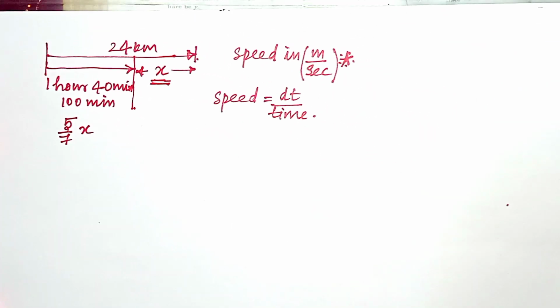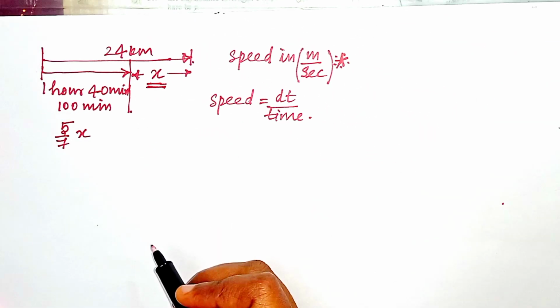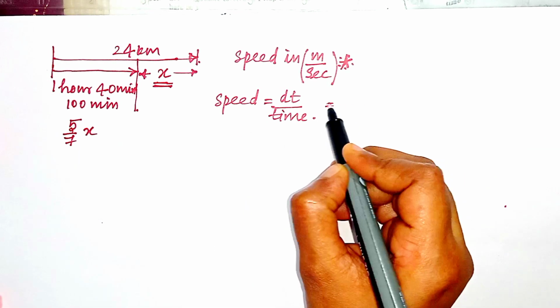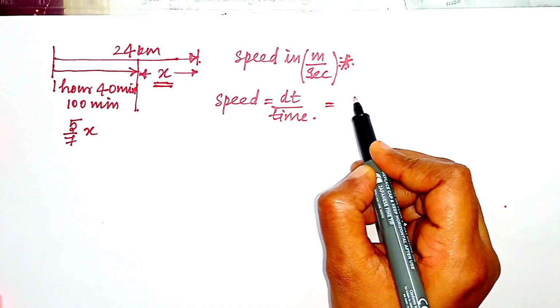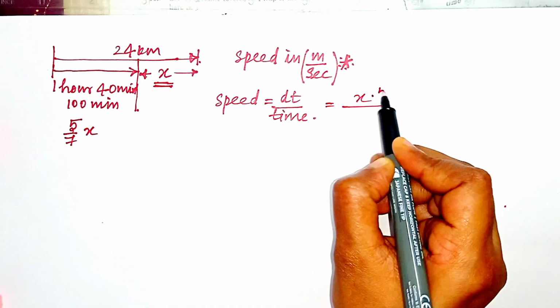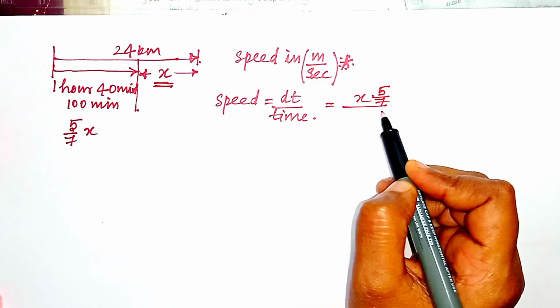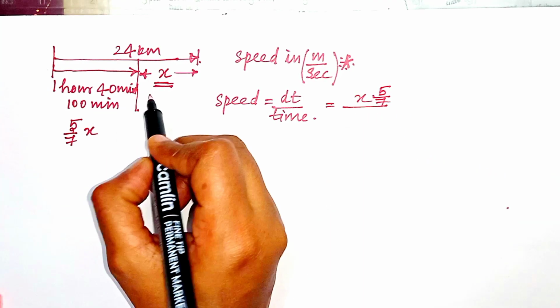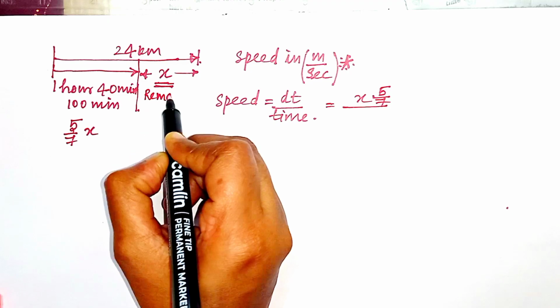Okay, so how are we going to solve it? See, speed is equal to distance by time. How much is the distance? Distance is x, and no, distance is 5 by 7 of x. We are going to take with respect to his distance covered and not the remaining distance. This is his remaining distance.